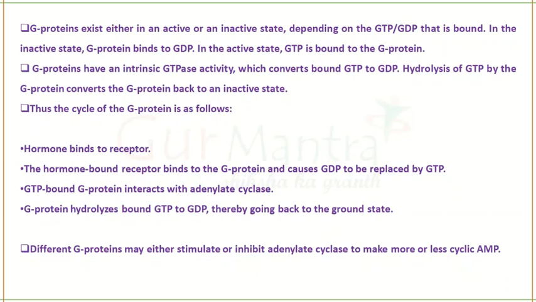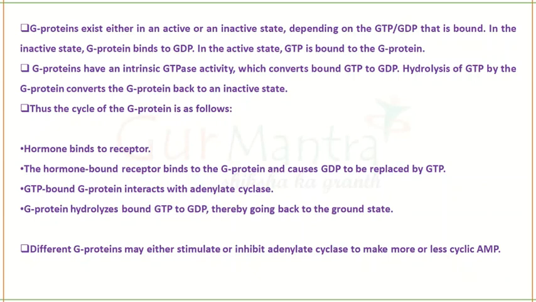And the enzyme responsible for hydrolysis of GTP is GAP, GTPase activating protein. This enzyme will hydrolyze the GTP to GDP, and the G protein will go back to its inactive state. You have to remember all of these concepts because each and every concept is linked to each other. You have to know the function of GEF and the function of GAP.